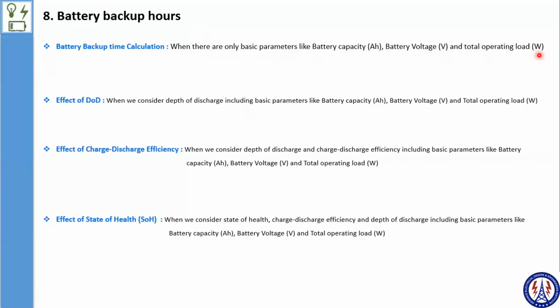Can anyone list the formula? You have only battery capacity, battery voltage, and operating load.